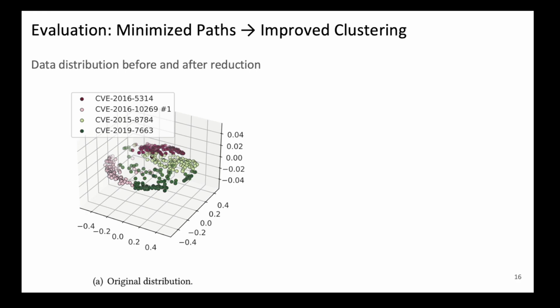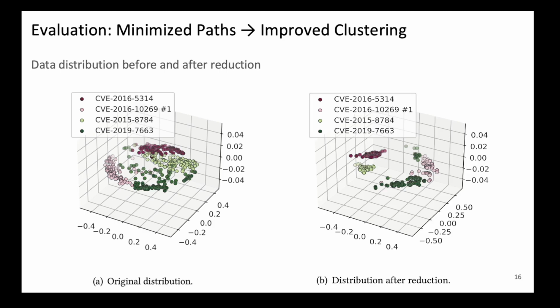Next, let's take a look at the effect of using our tool to minimize the execution trace. As shown in the figure on the right, after the reduction, the crashes of the same bug are more closely grouped, and the crashes of different bugs are more clearly separate from each other.